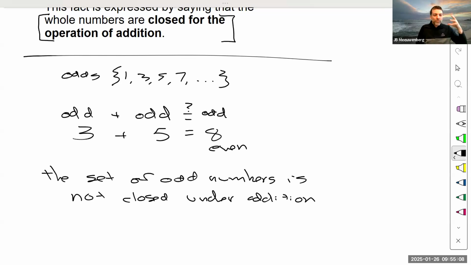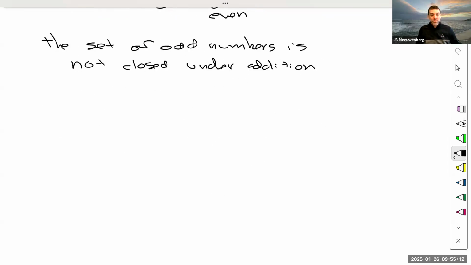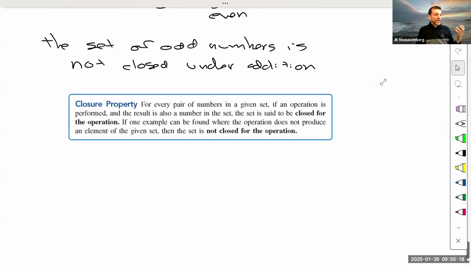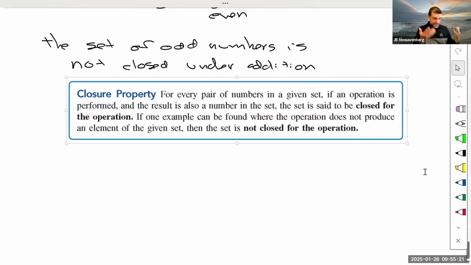All right, so that hopefully helps you understand what this idea of closure means. If you like a formal definition, I think sometimes it's nice to see that as well. You can see it here. For every pair of numbers in a given set, if an operation is performed and the result is also a number in the set, the set is said to be closed for the operation.